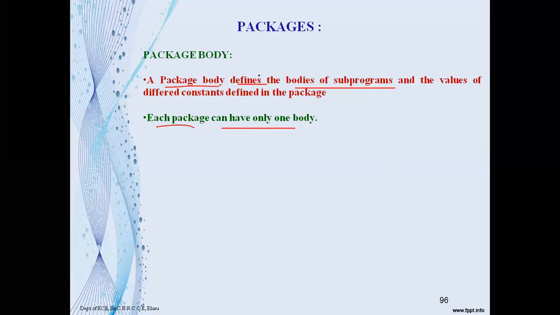The package is similar to an entity and architecture body, but here it is defined with a name of the package, so that it groups the different declarations and different definitions. So the package can have only one body.